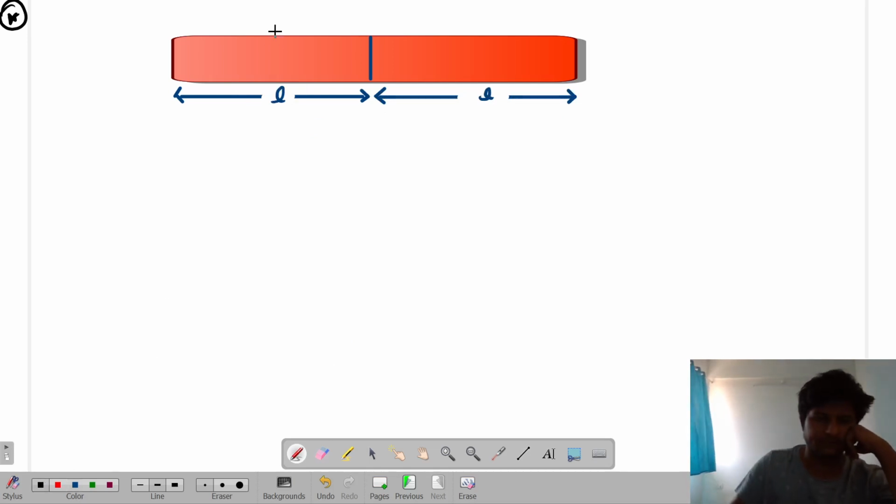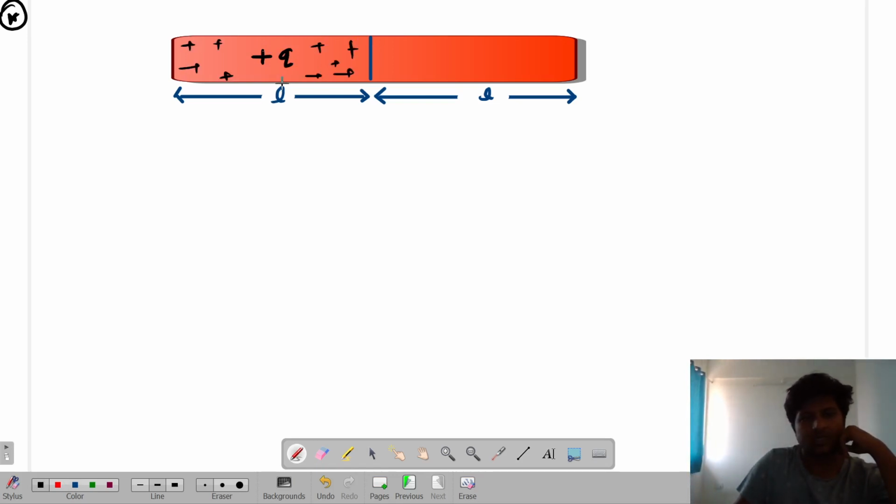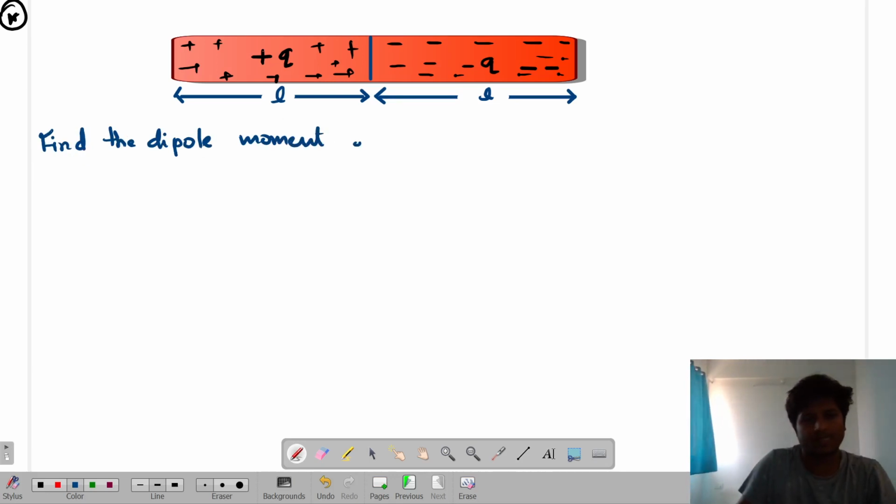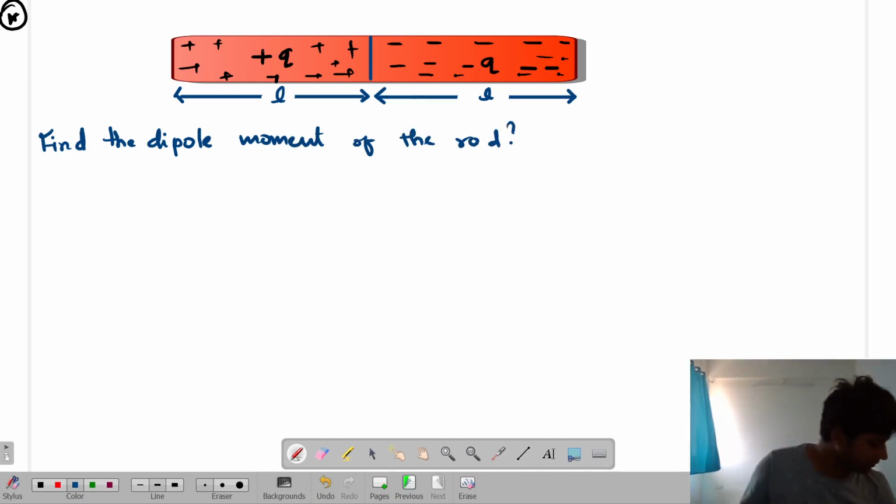And in this rod, there is a configuration that this half part has plus Q charge, and this half part has minus Q charge. Then the question is, find the dipole moment of the rod. Do it. Find the dipole moment of the rod.